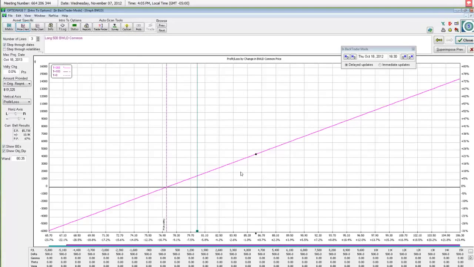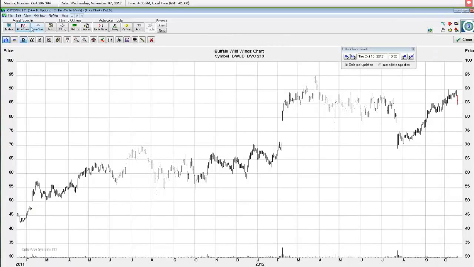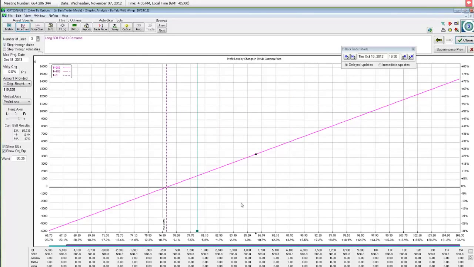Remember, we bought this back in August initially, and the market has rallied since then. So here's a price chart. We actually bought it right back here in this area, hypothetically, okay? And then the market went up, and then it did this, and we're starting to say, wow, there's an earnings report coming up. Maybe I want to protect my profit, okay?